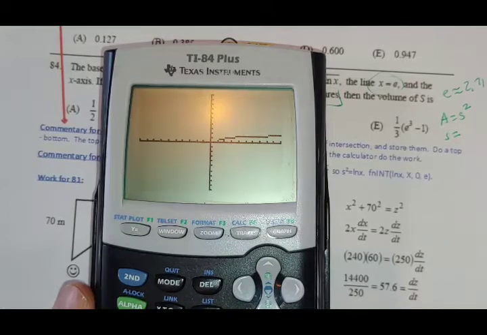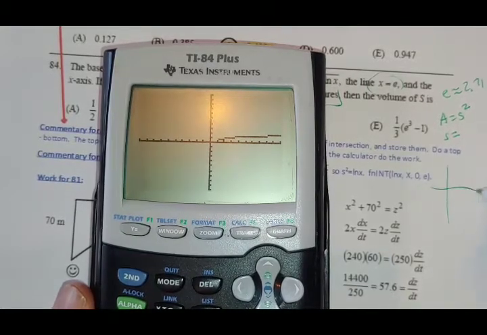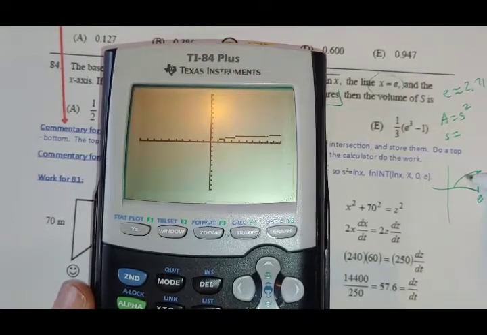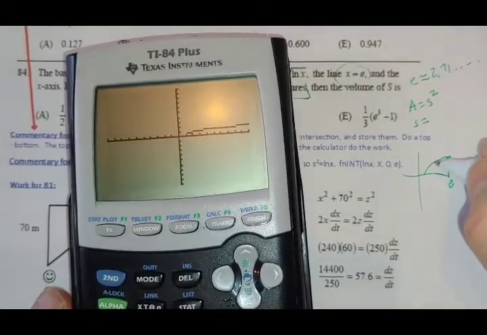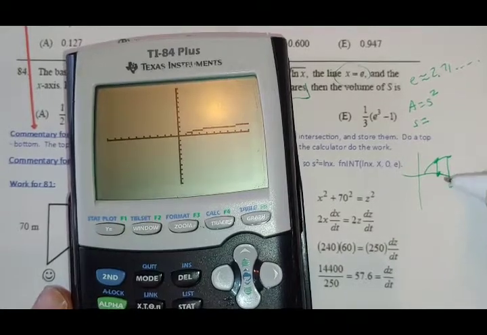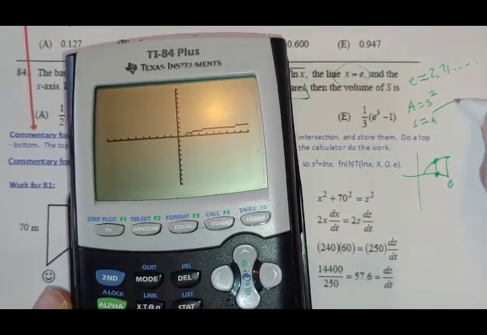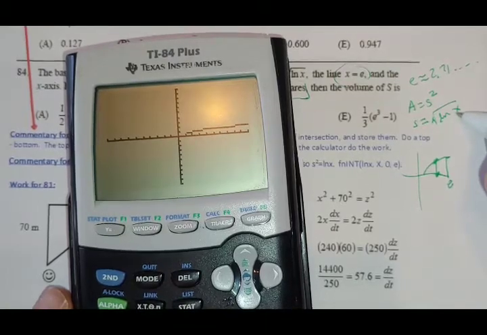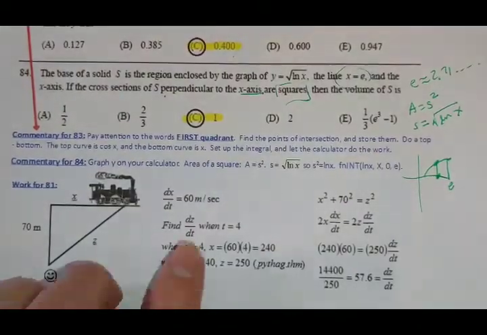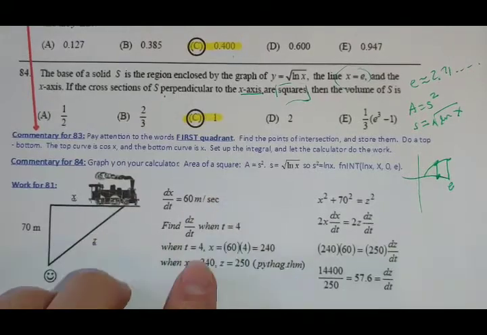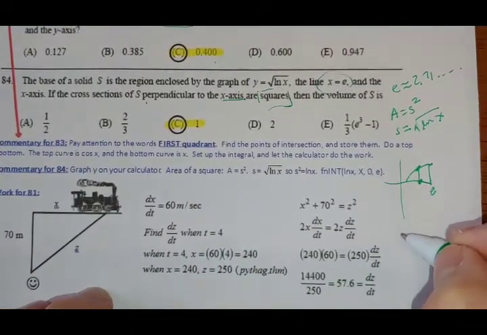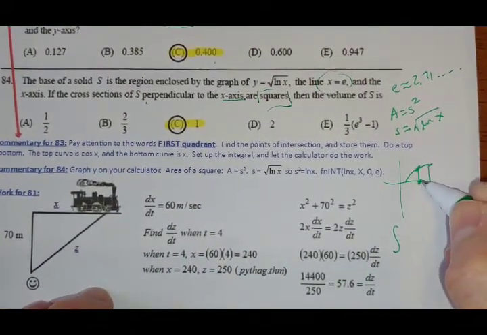And so if the graph looks something like this, and then we have x equal to e right here. So the square is top minus bottom. So the length of the square, the s, is going to be the square root of ln of x. And then you can write your integral. So because your integral is going to be from, and you're going to have to figure out what this value is.